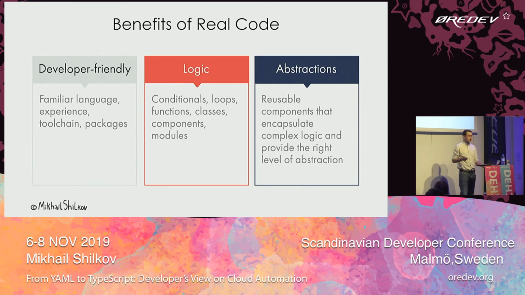Do conditionals, loops, components, classes, functions. And a very powerful one is that you can create your own abstractions. So if some high-level component makes sense in multiple places in your infrastructure or for multiple teams in your company, you can create your own component and then distribute it as an NPM package or NuGet package. And then everybody can benefit from this.